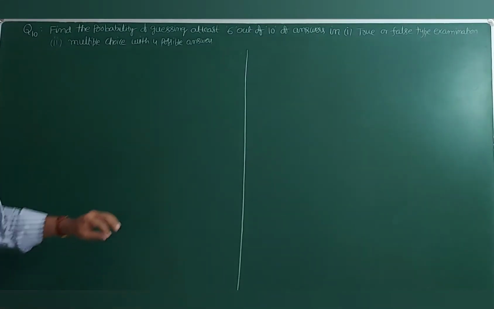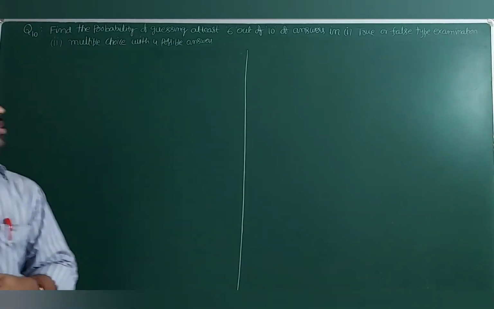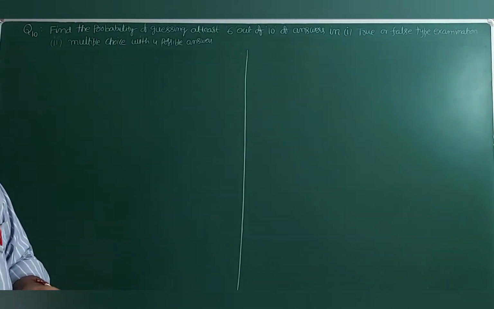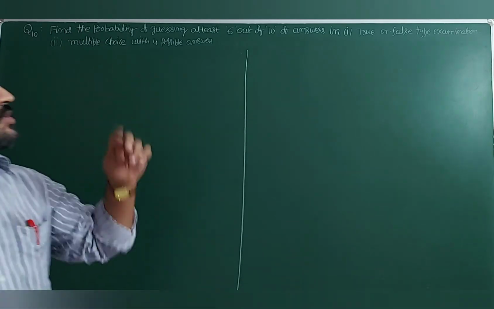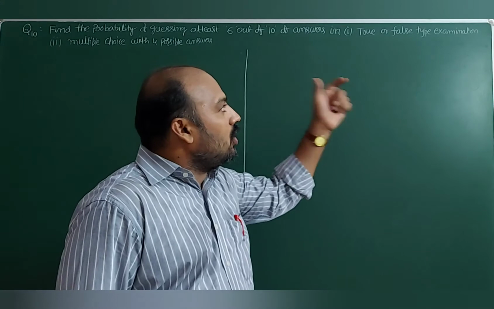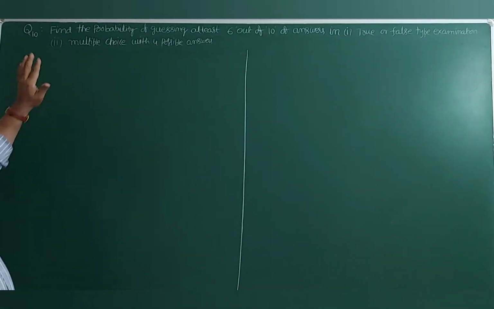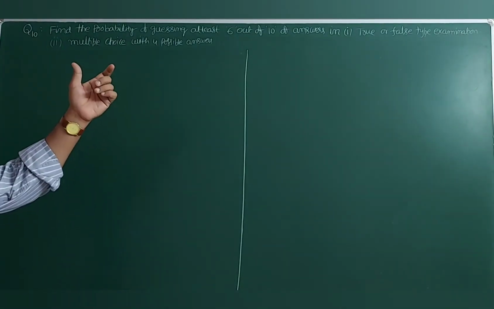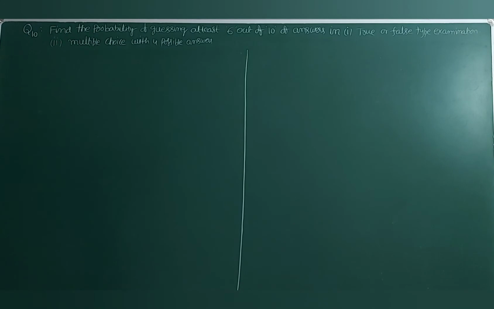The next question. Find the probability of guessing at least 6 out of 10 answers in the first question, a true or false type of examination. The second one is multiple choice with 4 possible answers. So total 10 answers are there, so n is equal to 10.